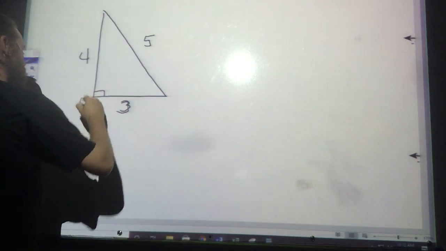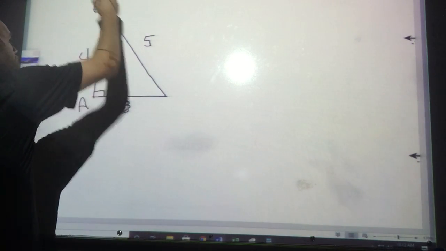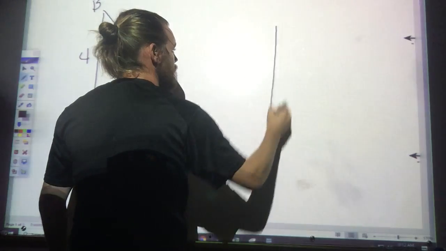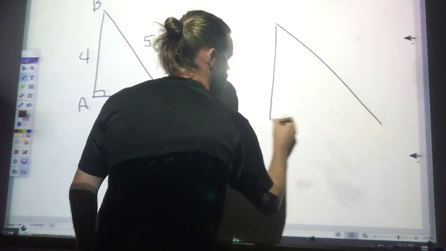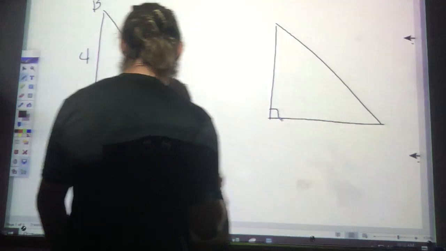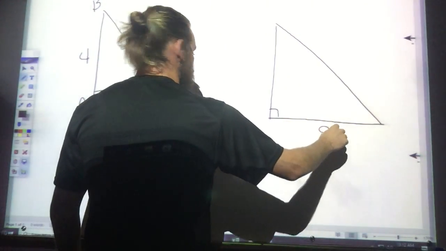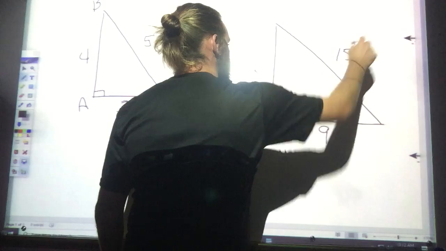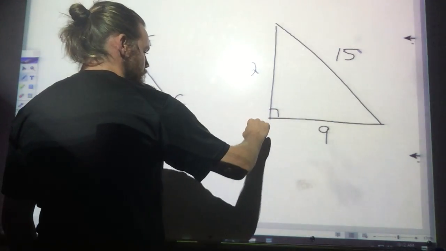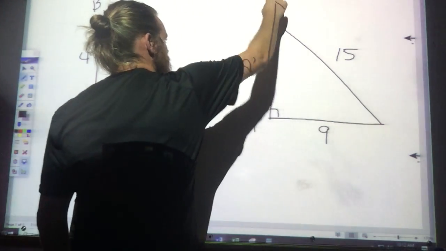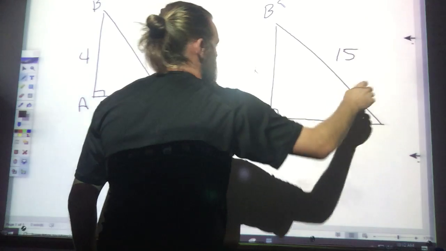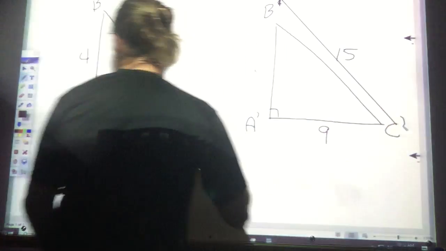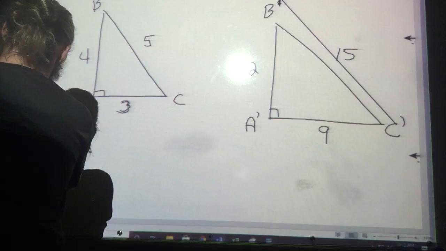And we're going to call it A, B, C. And then we have another shape over here with sides 9, 12, and 15. And we're going to call it A prime, B prime, and C prime. Well, it's not supposed to be there, sorry.